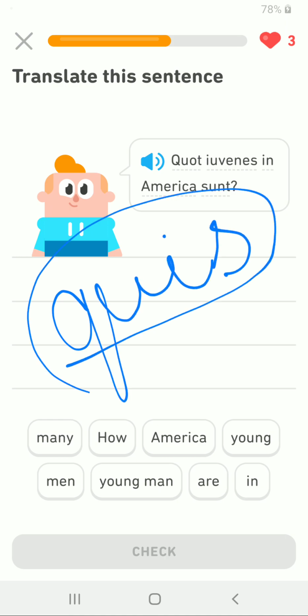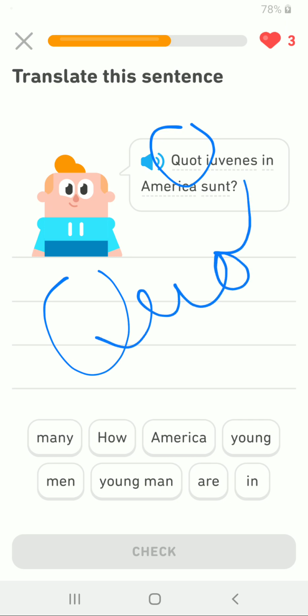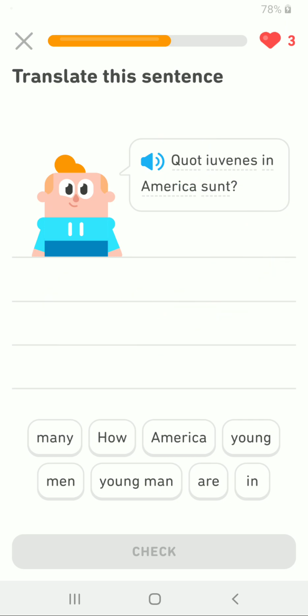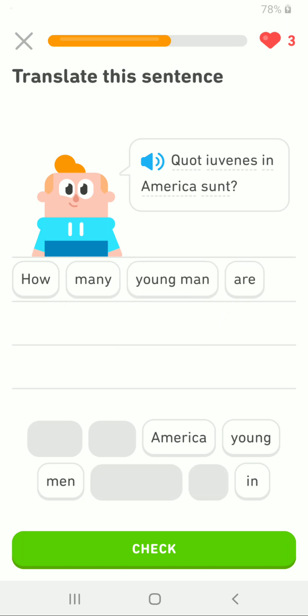Quis, it's who. We have seen ubi, right? Ubi is where. And now we have this quot, which is how many. So how many young men are in America?